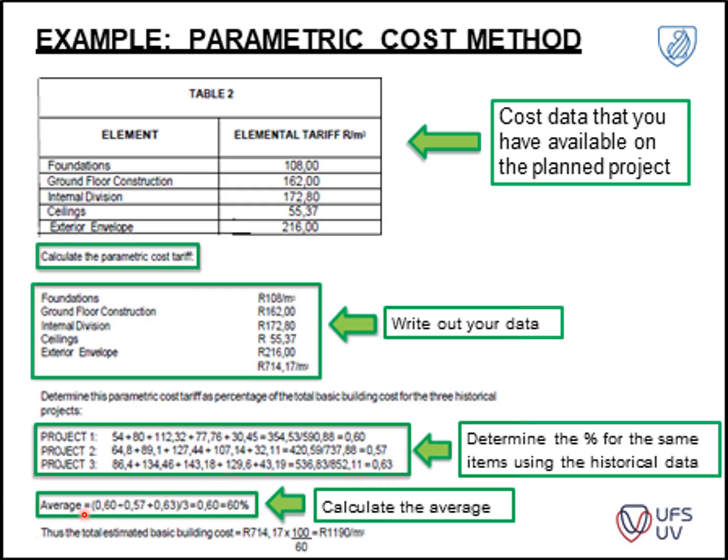Okay, so then you work out the average of this, and it's simply adding the 3 percentages together and dividing it by the number of projects, in this case 3, to get a total percentage of 60%. Then what you do is you take this calculation that you've done here, the 714 Rand per square meter, and then you extrapolate it with the 60%.